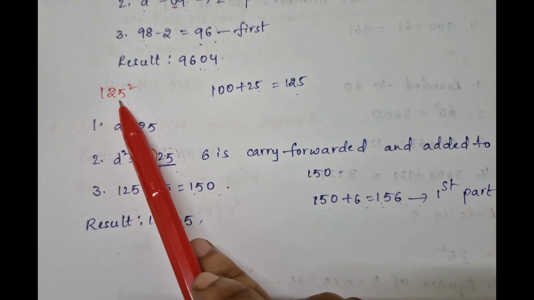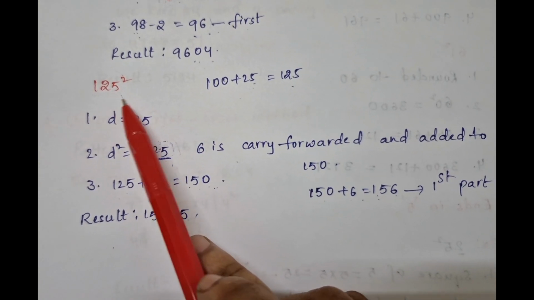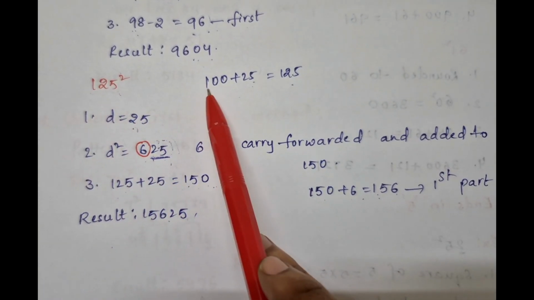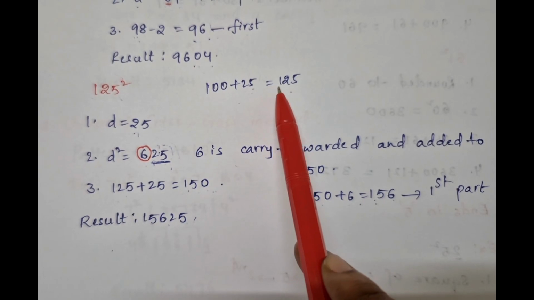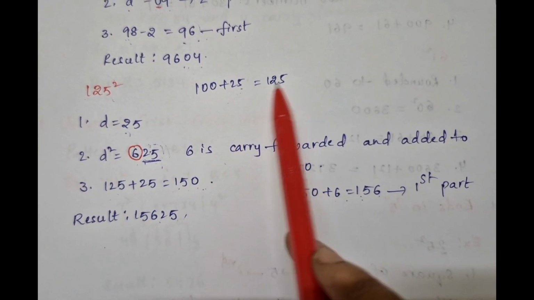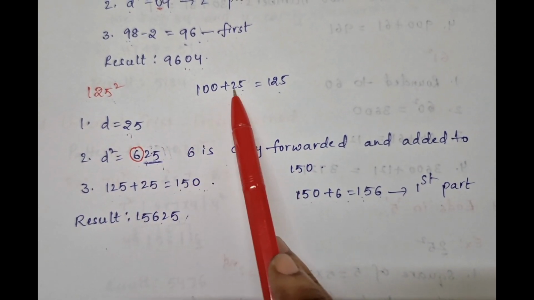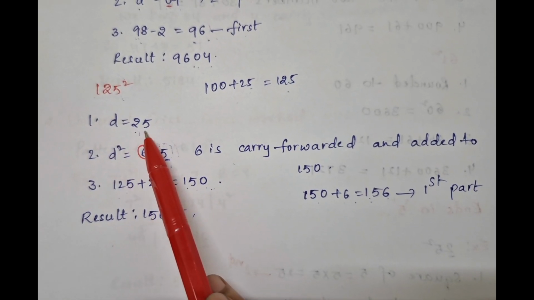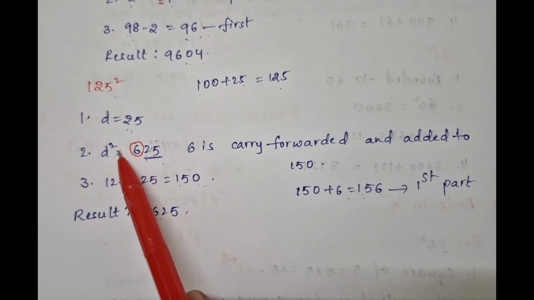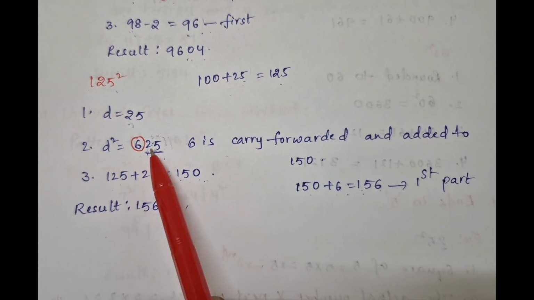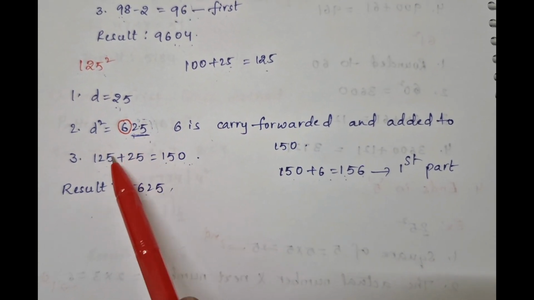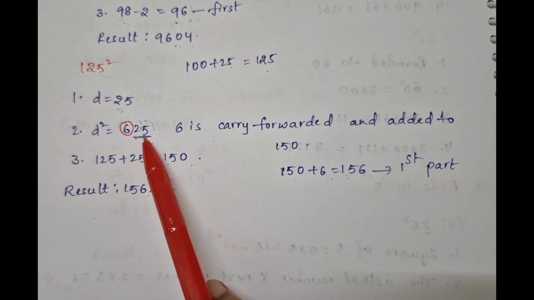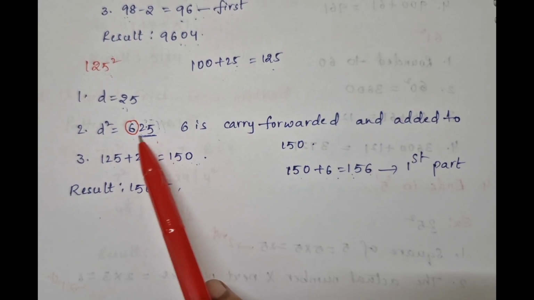Let me take another example here. 125 square I am taking. So how much more is 125 than 100? 100 plus 25 equals 125. So we are adding 25 to 100 to get 125. So the difference I am taking here is 25. So the square of the difference, how much? 625. But here if you observe, this is a 3-digit number and we need only 2 digits, no?